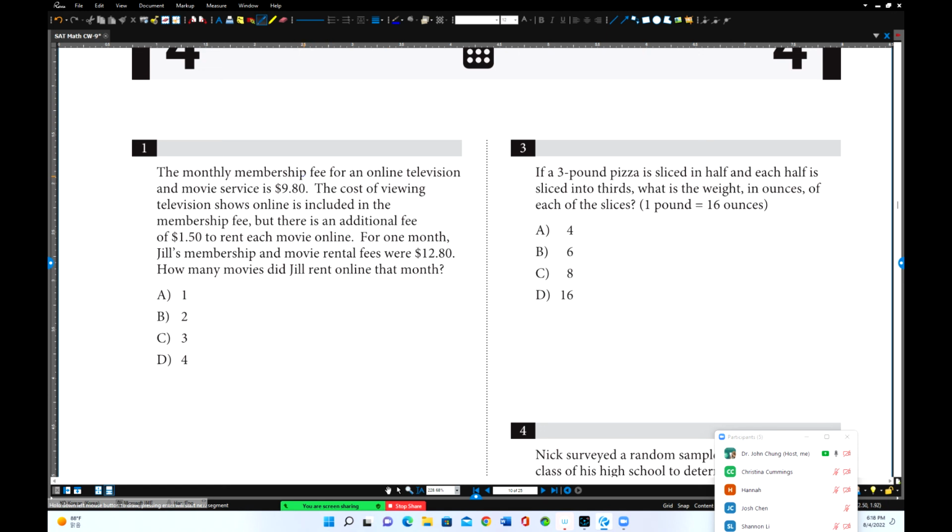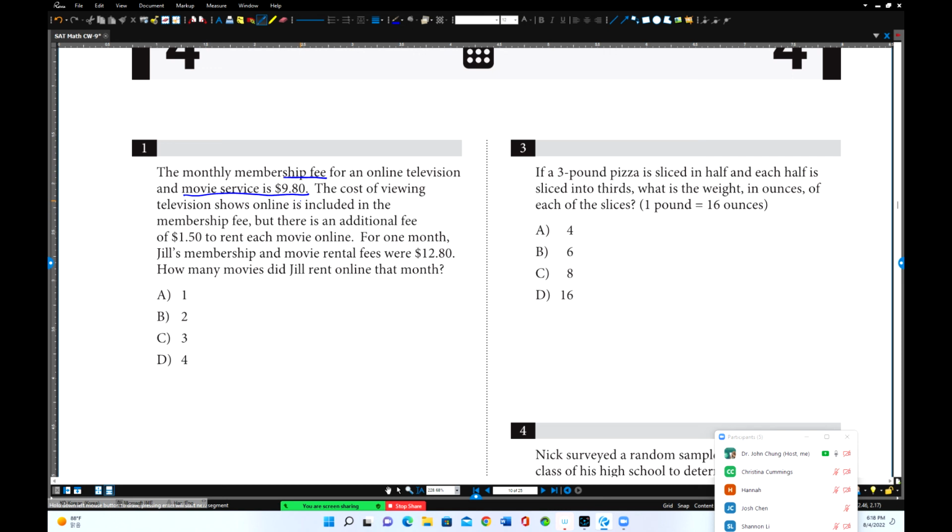Monthly membership fee on an online television and movie service, $9.80. The cost of viewing television shows online is included in the membership fee, but there is an additional fee of $1.50 to rent each movie online.